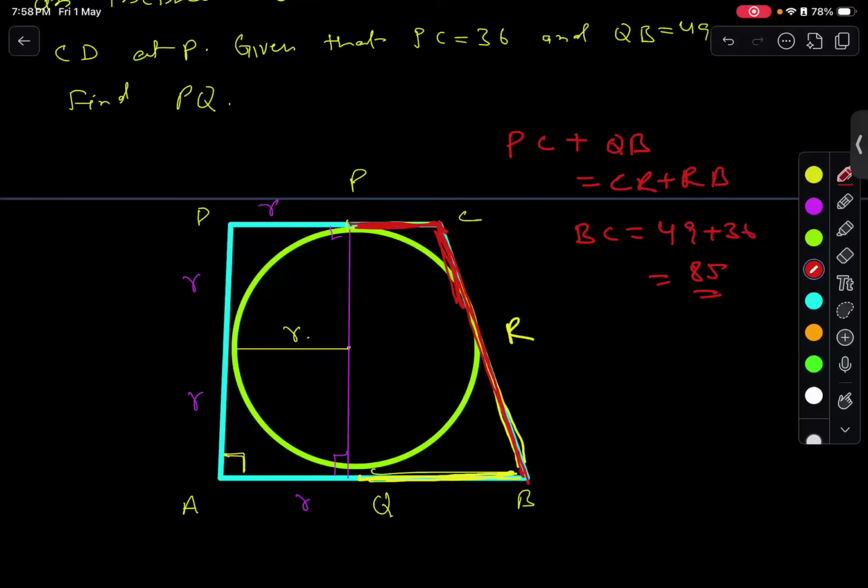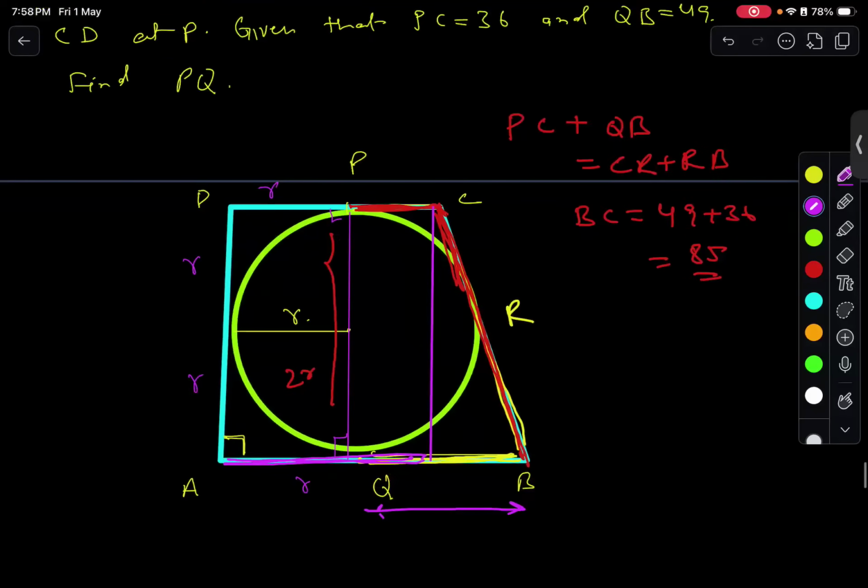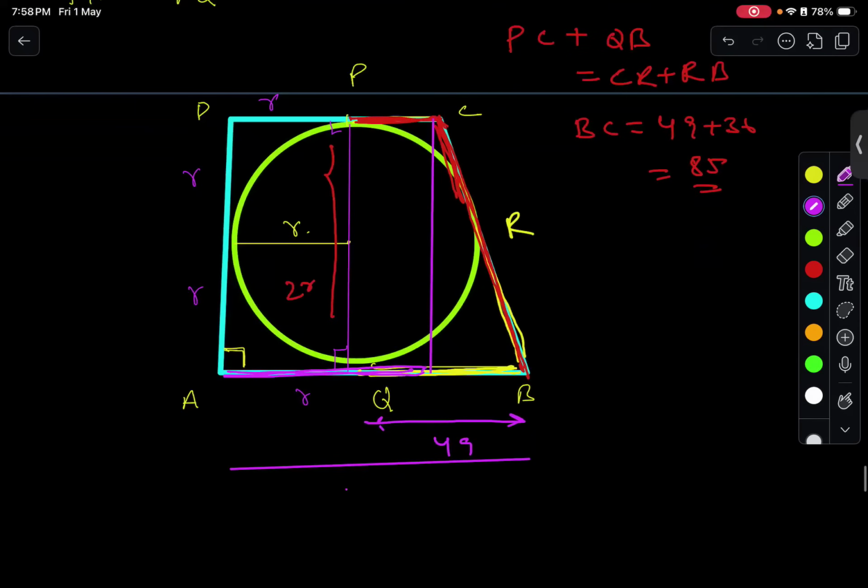We have already seen that this length is 2r. And now I have to find the length. If I drop a perpendicular from this, this is r, and this length was QB. What was QB? 49. So can I say this complete length AB is r plus 49.